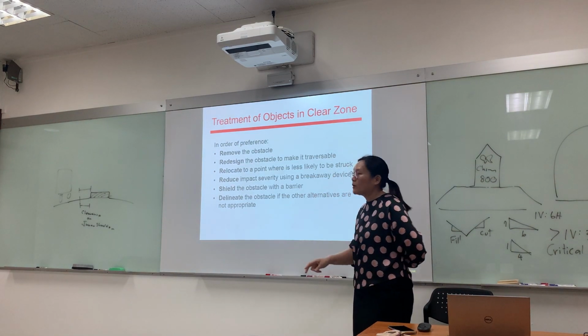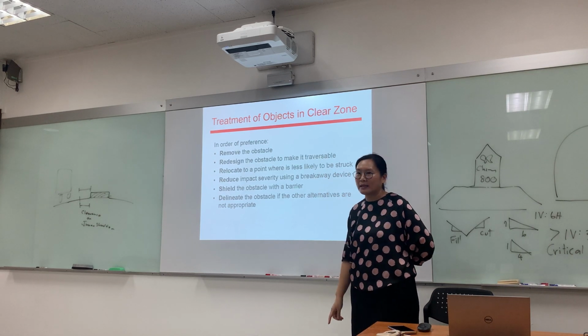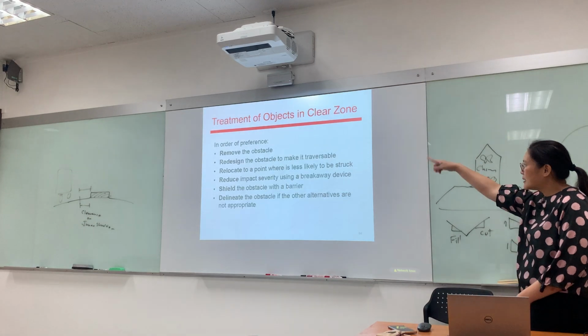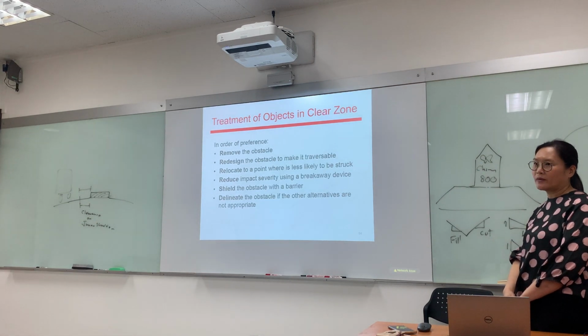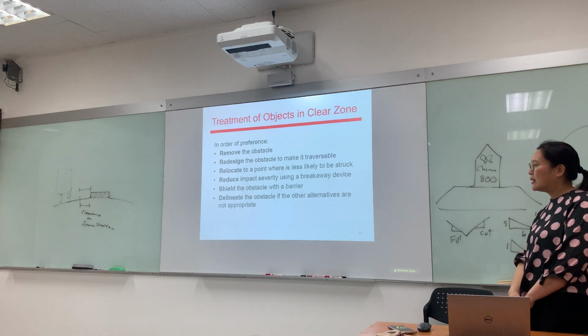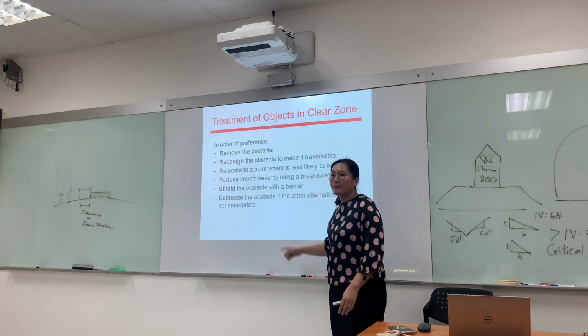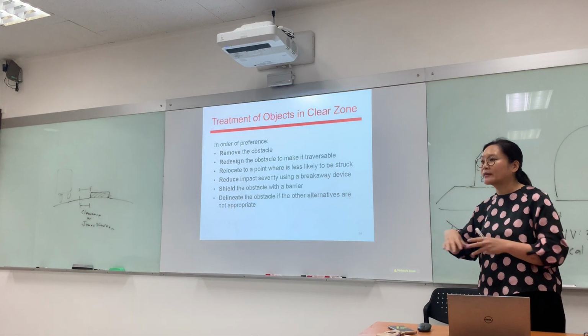Okay, so four: remove, redesign, relocate, reduce the severity. But if you cannot do anything among these four, you can remove, redesign, relocate, or reduce severity, what we should do is to shield the obstacle with a barrier, install the guardrail, install the concrete barrier.